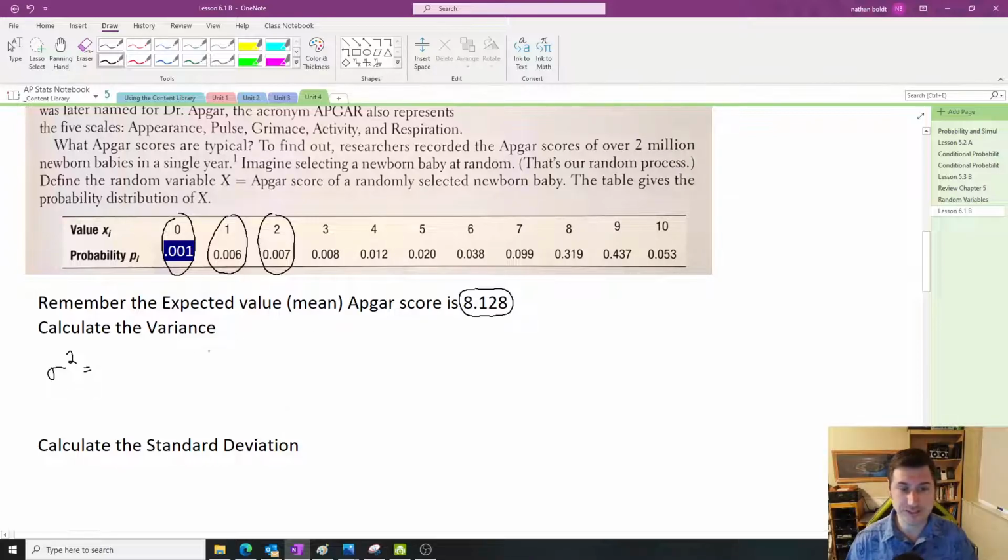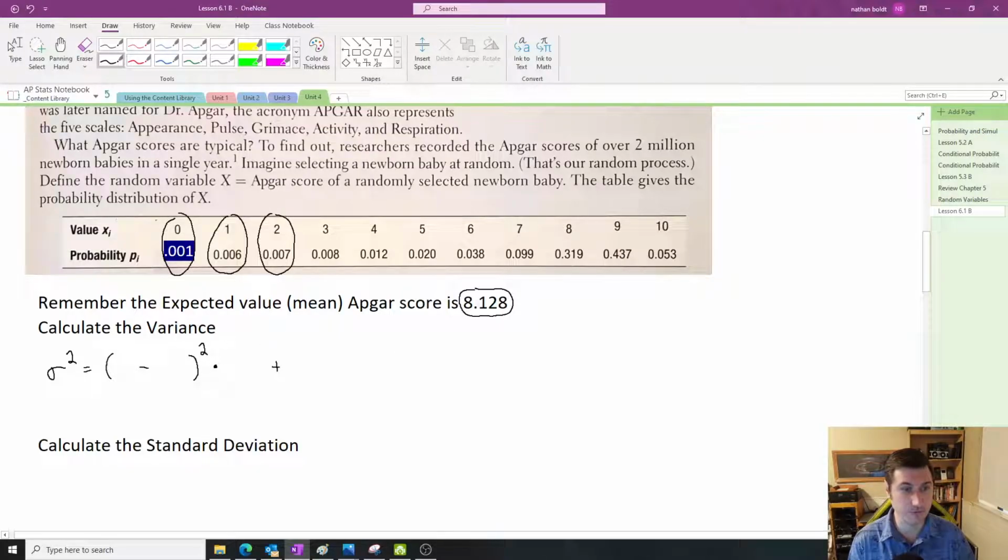So the variance is just the inside of the formula. So what we do is we take each x value, we subtract off the average, we square it, then we multiply by the probability, and we have to add them all together.